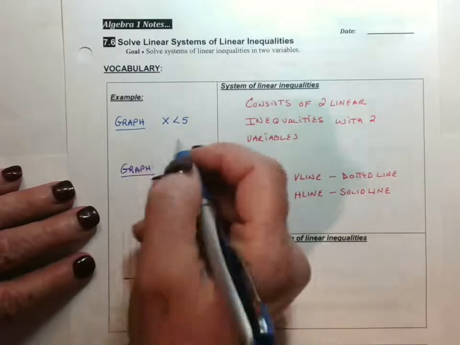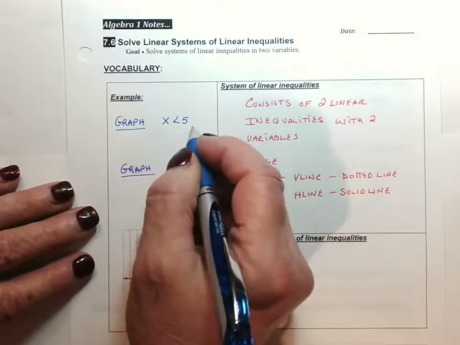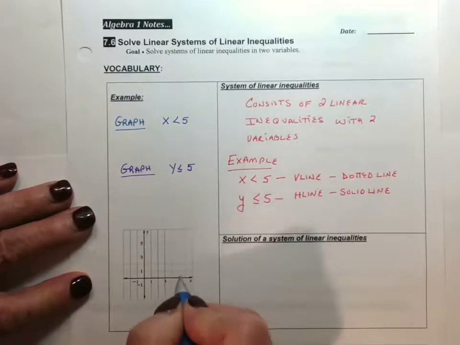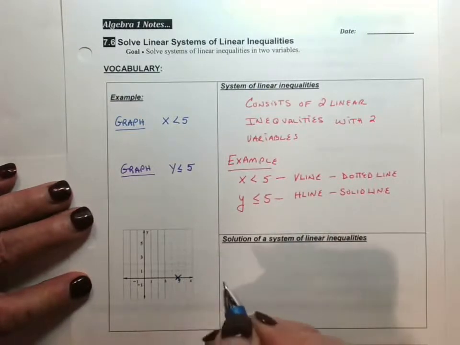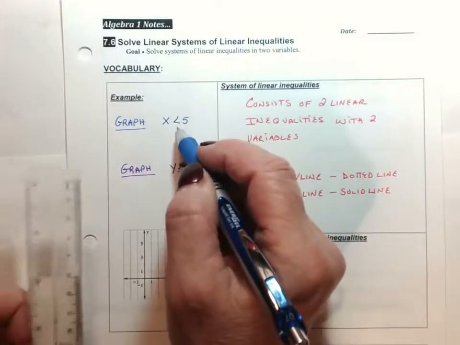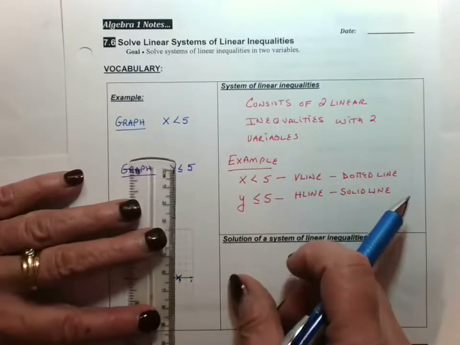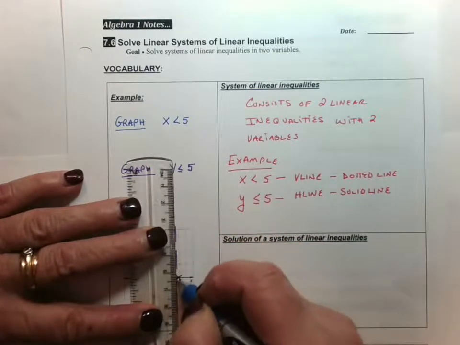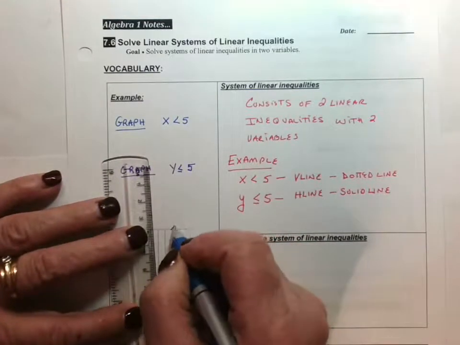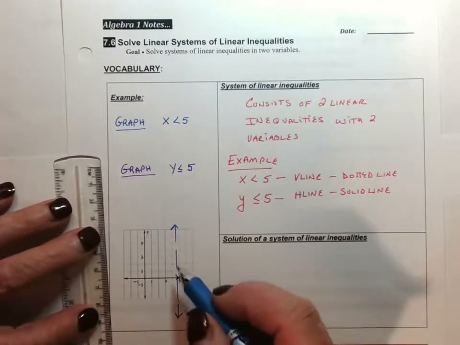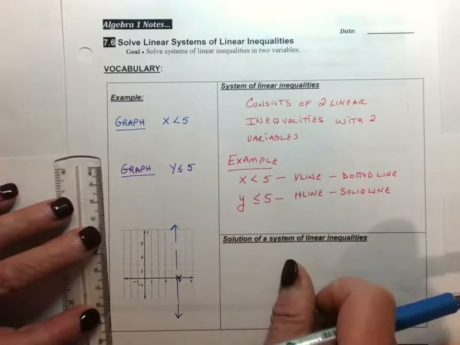Our first inequality is x is less than 5. So that means it's going to be a vertical line going through 5. Because there's no equals, it is going to be dotted. Make sure you put the arrows on, and make sure that it goes the length of the grid.